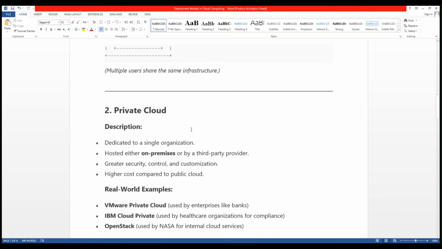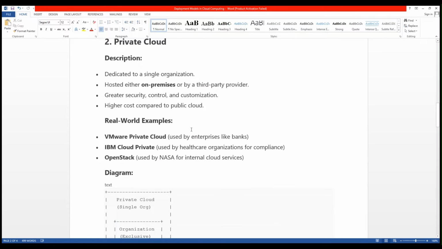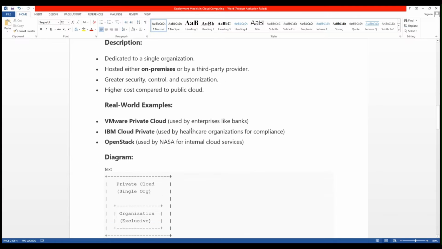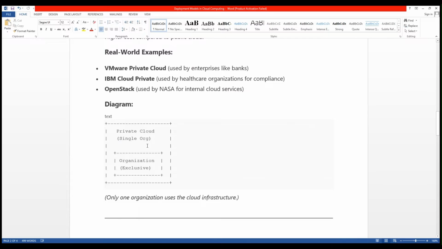Next is the private cloud. If you look at the term private cloud, it is an example of on premises, meaning it exists only in your own organization. For example, IBM is an example of private cloud, where only those persons who are working in the organization can access the private cloud and those services, and any other person outside the organization cannot access those services.